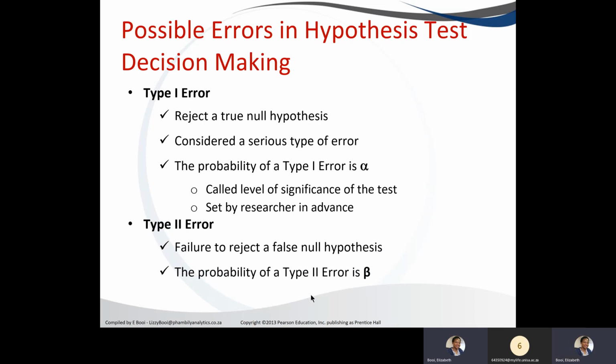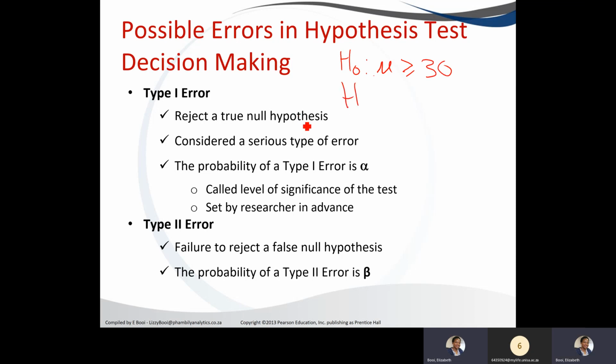The other type of error that can occur is what we call a type 2 error. And this is when we fail to reject a false null hypothesis. What do I mean by these two errors? So let's say the researcher wants to prove that the mean is... So in our null hypothesis, we say the mean is greater than 30.